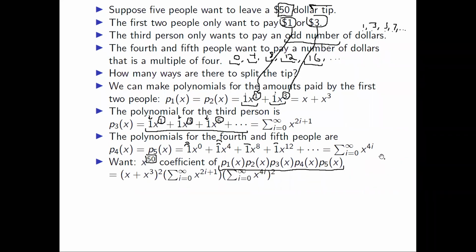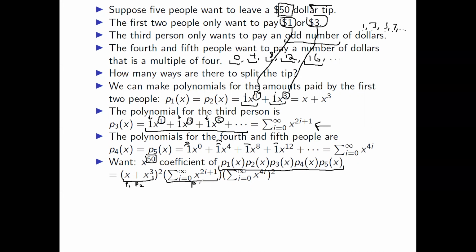So we substitute the first one, that x plus x cubed quantity squared. That's from the P1 and P2. So each of P1 and P2 of x, both of them are equal to x plus x cubed. So when we multiply P1 of x times P2 of x, we just get the square of x plus x cubed. This sum right here, the sum i equals 0 to infinity of x to the 2i plus 1, that's the same sum we saw here.